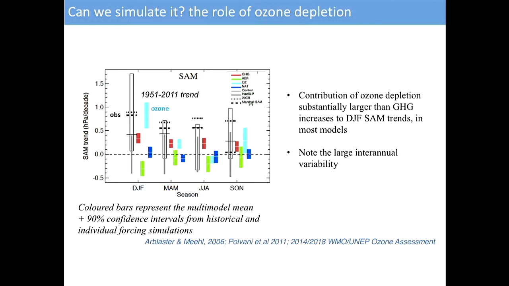If we're looking at DJF, where we've had the strongest observed trends, then you can see that in the models, at least, ozone is the dominant driver. So the stratospheric ozone depletion over Antarctica has driven this SAM trend, according to these models. Greenhouse gases also contribute some part, but I would say it's still unclear how much is due to greenhouse gases and how much is due to ozone depletion.